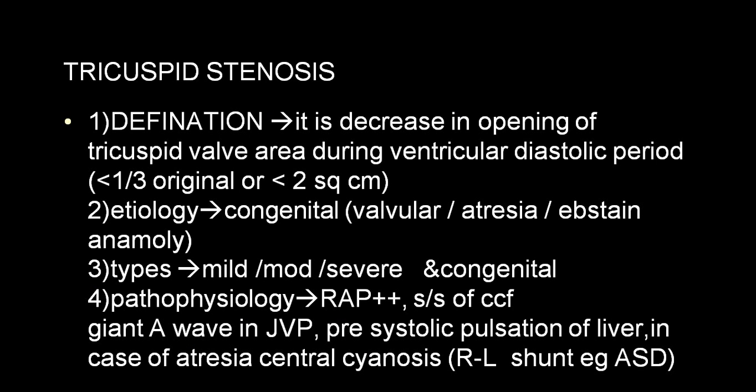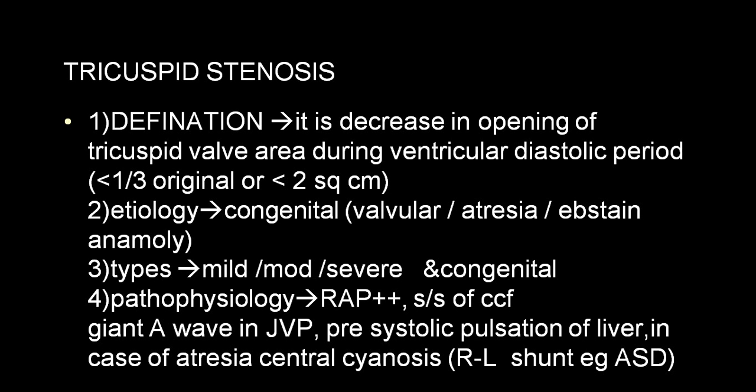Now we'll go to another part, that is tricuspid stenosis. Part of this we have already discussed in congenital heart disease. Tricuspid stenosis, by definition, is a decrease in the opening area of the tricuspid valve during right ventricular diastole, that is less than one third the original size or less than 2 square centimeters.